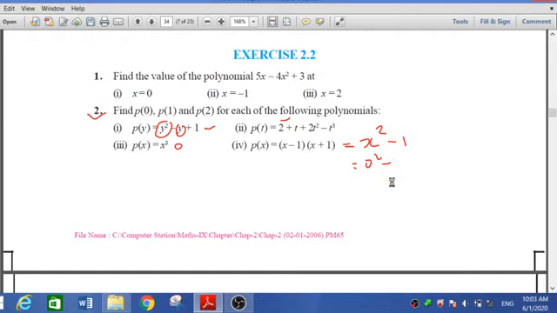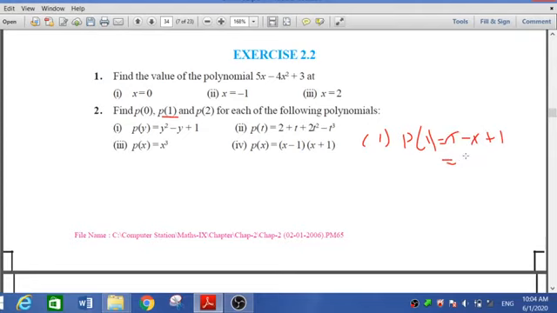Now we are doing P of 1. In the first equation, if I put P of 1, as we always discussed, then write the coefficients. So 1 minus 1 plus 1. So this cancels, the answer is 1. Now in the second, P of 1, so again P of 1.